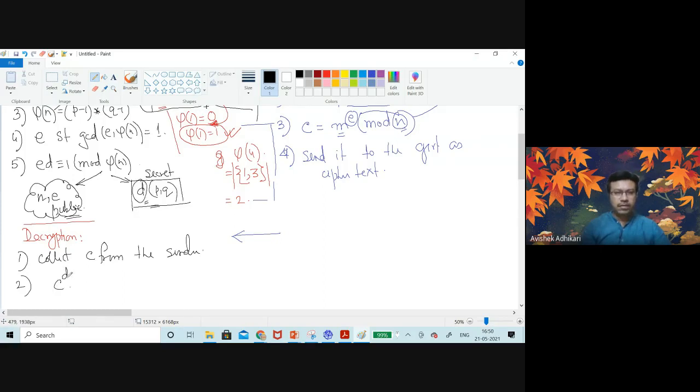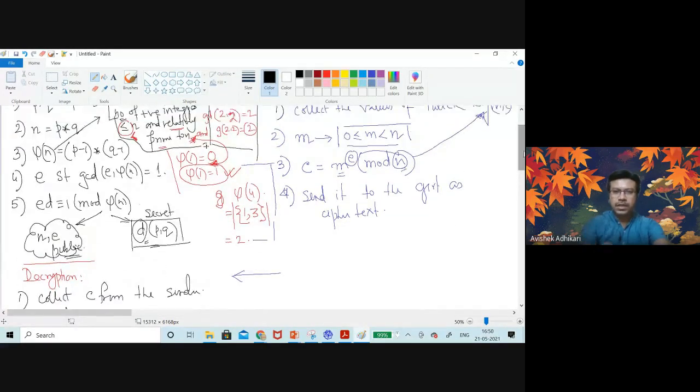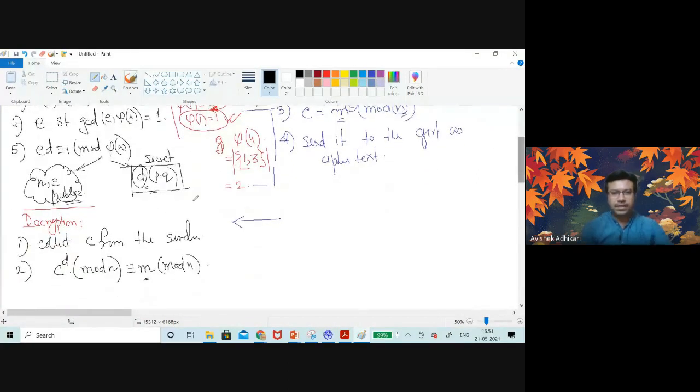She will calculate C to the power D modulo N, and miraculously this value will be equal to M mod N. Note that this value of M is strictly less than N, right? So there is no point in writing this modulo N. This is the same as M. So there will be no ambiguity from the receiver's viewpoint. The girl will retrieve the value of M.